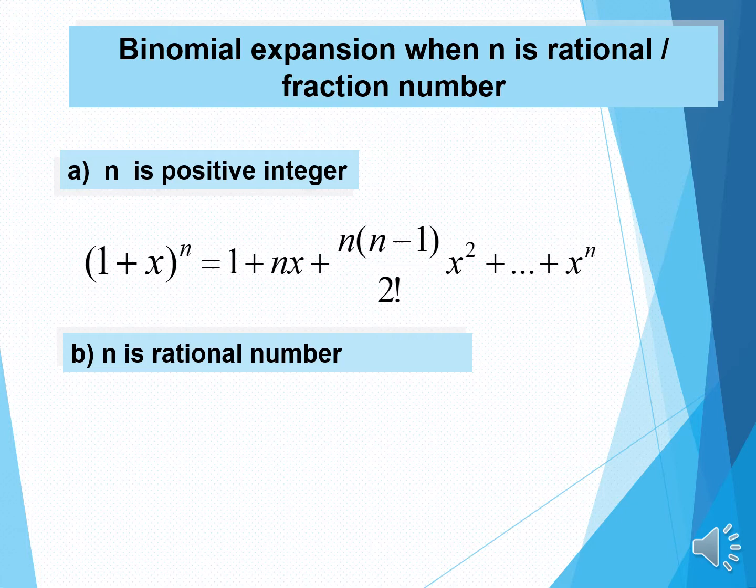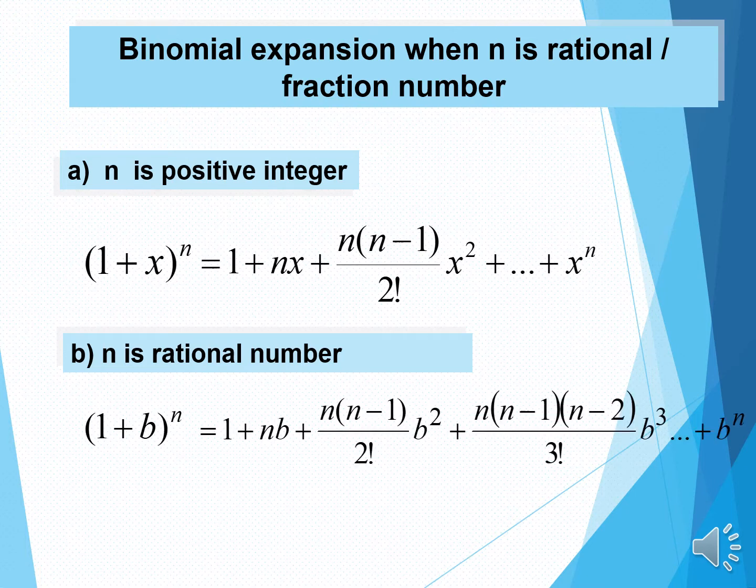For n is rational number, (1 + b)^n = 1 + nb + n(n-1)/2! b^2 + n(n-1)(n-2)/3! b^3 + ... And for validation, modulus b less than 1.